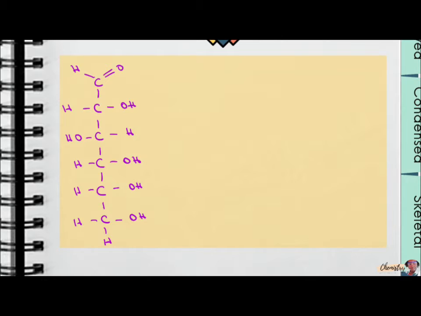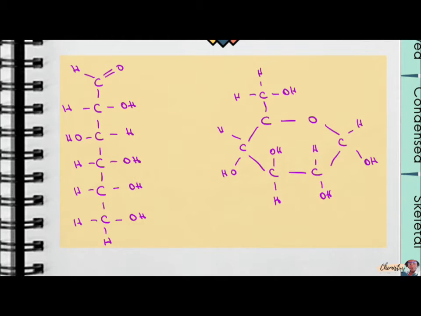The displayed formula, again, is just a diagram, but it shows us how all the atoms are linked together. We need it for isomers. Isomers all have the same molecular formula but a different structural formula. So the displayed formula will help to show the differences in the structure. Do you know what compound that is on the right? That's also glucose.